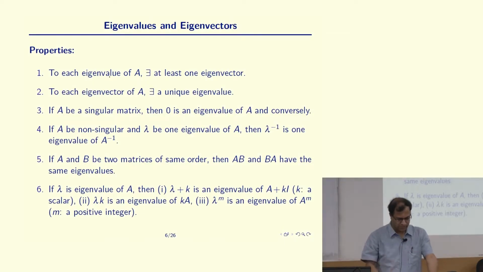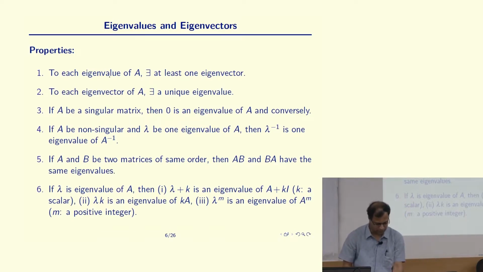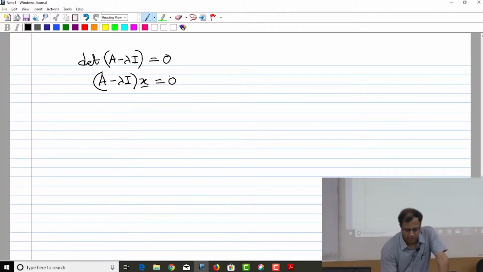Second one, to each eigenvector of A, there exists a unique eigenvalue. The eigenvalue corresponding to an eigenvector is unique. Let us see this also, very simple.